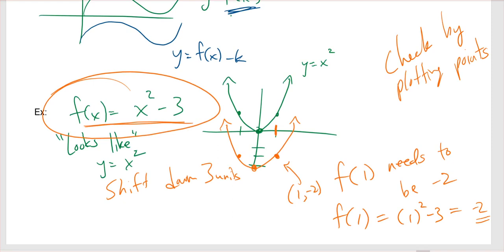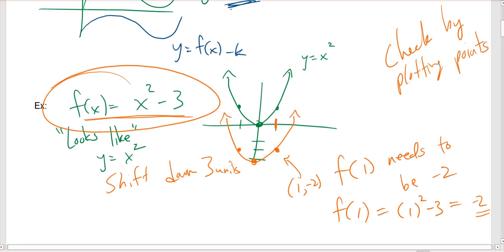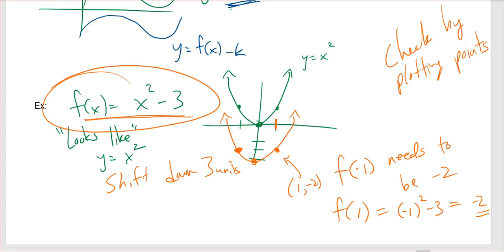So hey, it worked. Something else we might want to check is the other point. Negative 1, we need that to also be negative 2. Well, it turns out that's true as well. How about 0? If I put 0 in there, I ought to get negative 3. And if I put a 0 in there, we do get negative 3.